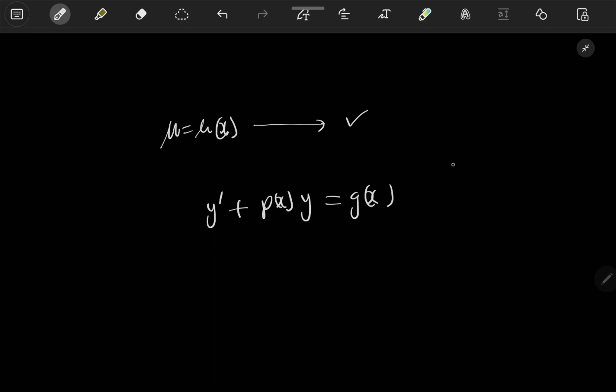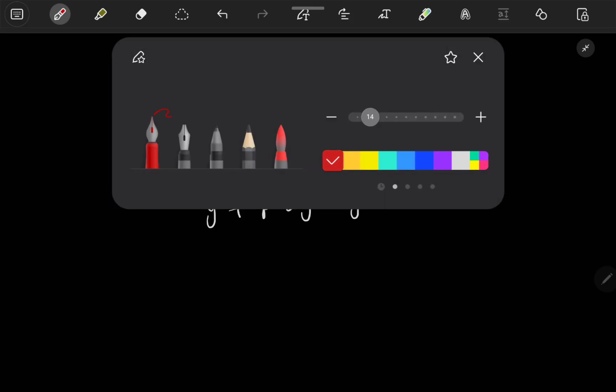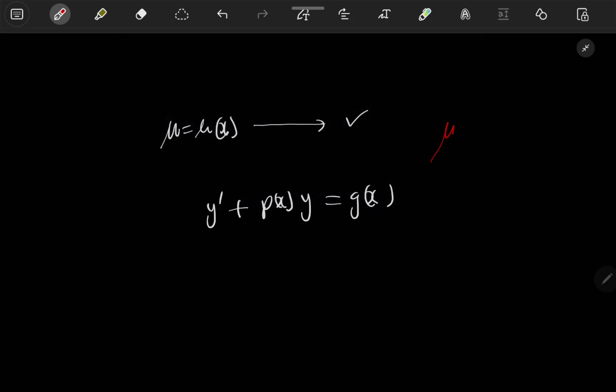First we go aside and try to find mu, which is e to the integral of p of x dx. I'm trying to answer the question why we don't add a C.